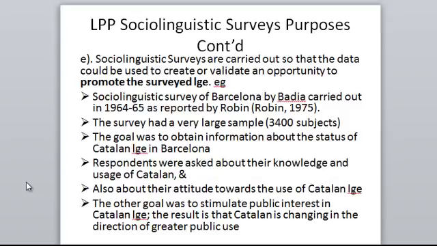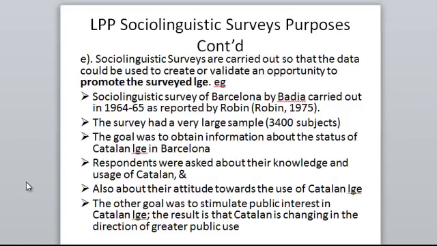He distributed 22,000 questionnaires, which amounted to 1.4% of the city's population. And about 3,400 completed questionnaires were retrieved. Quite a bulky one. The goal of the survey was to obtain information about the status of Catalan language in Barcelona, and that is in Spain.